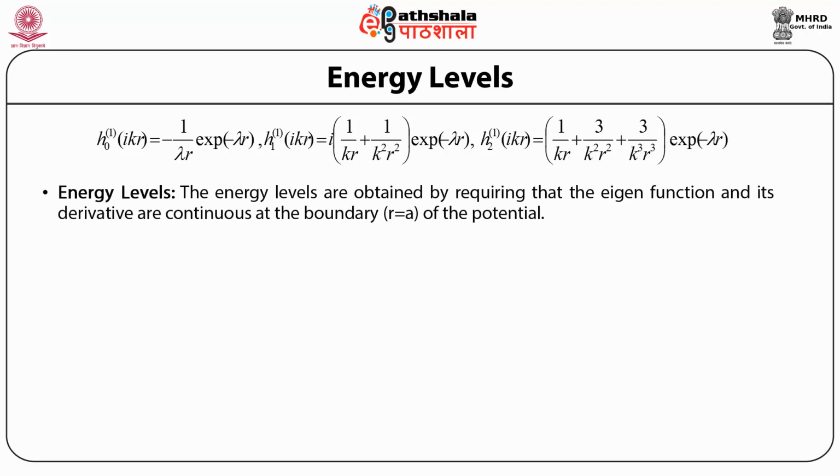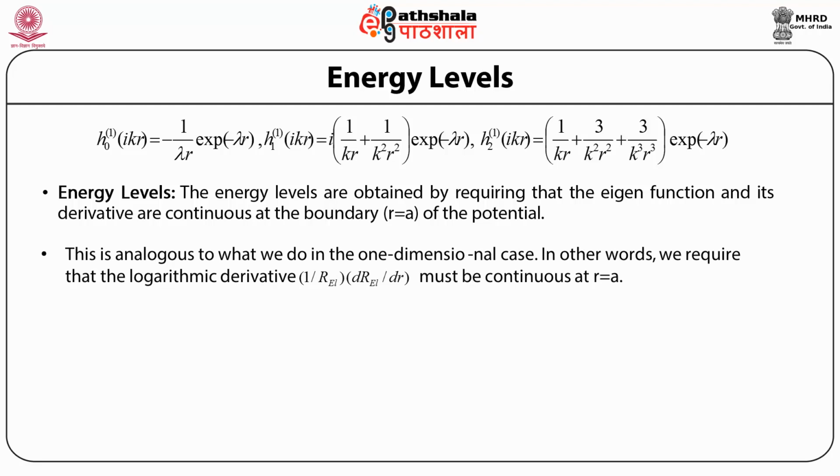Energy levels. The energy levels are obtained by requiring that the eigenfunction and its derivative are continuous at the boundary, r equals a, of the potential. This is analogous to what we do in the one-dimensional case. In other words, we require that the logarithmic derivative, 1 upon r_l into d r_l by dr, must be continuous at r equals a.